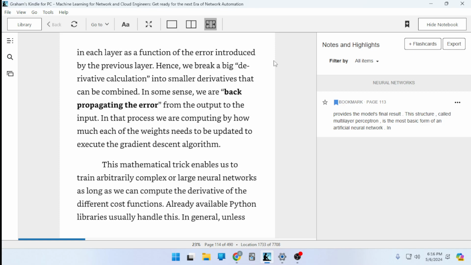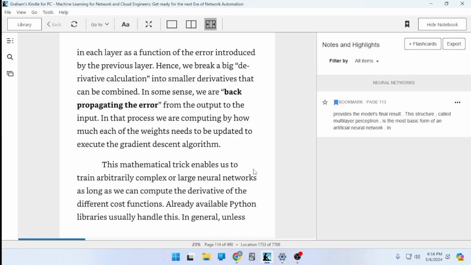In that process, we are computing by how much each of the weights needs to be updated to execute the gradient descent algorithm. This mathematical trick enables us to train arbitrarily complex or large neural networks as long as we can compute the derivative of the different cost functions.